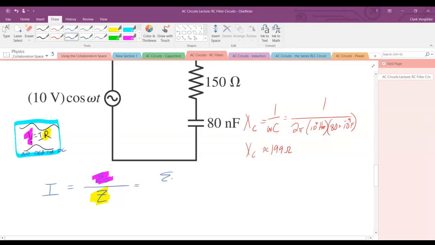Well, in this case, our impedance value is going to be another little Pythagorean-ish thing. It's going to be the sum of the squares of capacitive reactance and resistance.